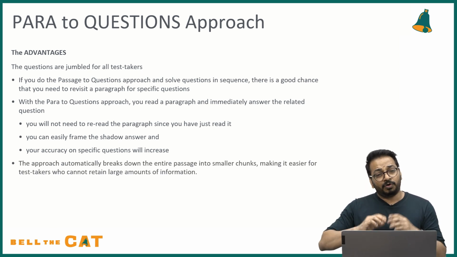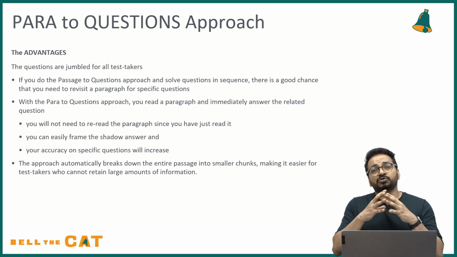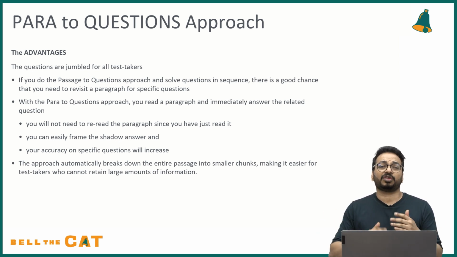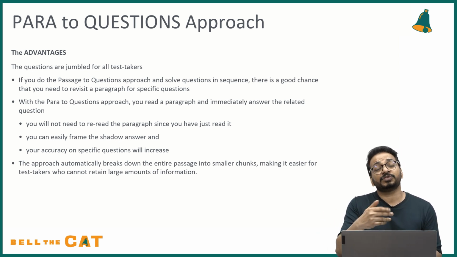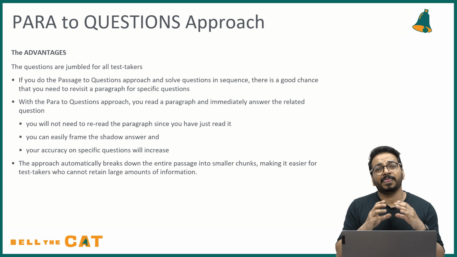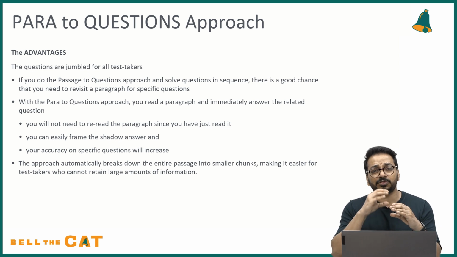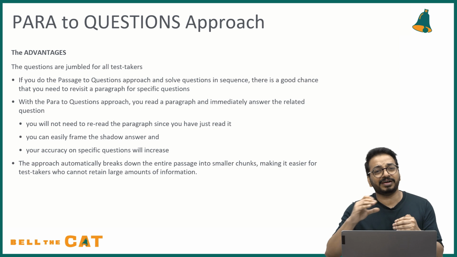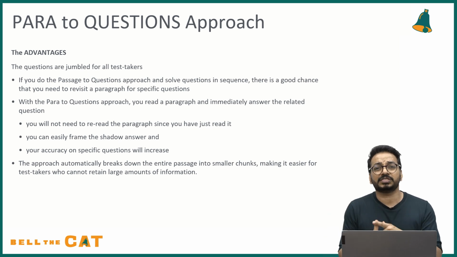The approach also has another advantage. For those who cannot remember long passages, cannot retain information, or for whom concentration is a problem, automatically the whole passage gets broken down into chunks. So your task is getting smaller and divided into smaller parts. Concentration will not be a problem. Retention also will not be a problem.